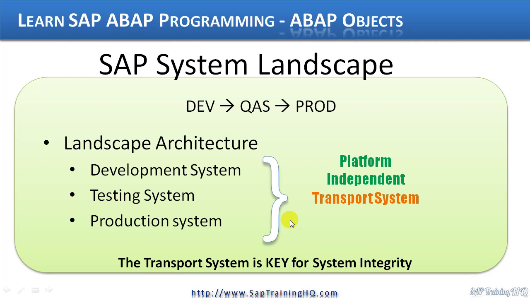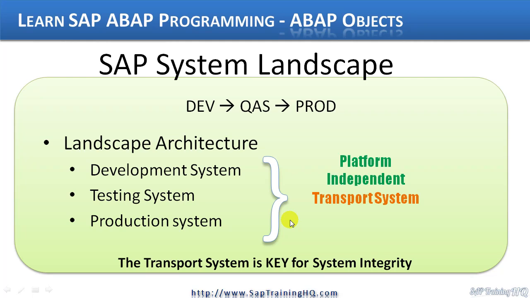And the way we move our programs from one system to the other is using the SAP transport system. Now the transport system, when you use it in your development environment, is you will create your programs, create development objects, and place them in what we call a transport.